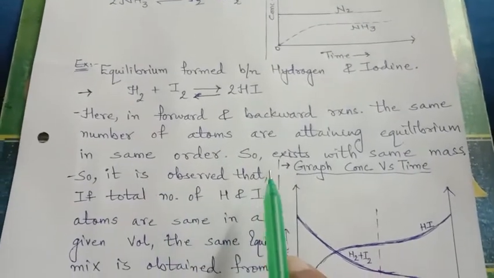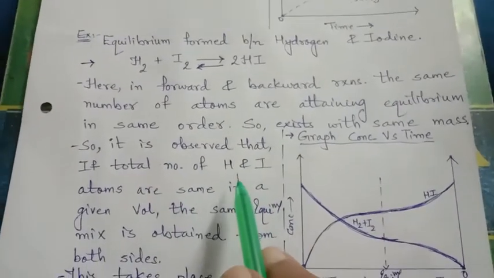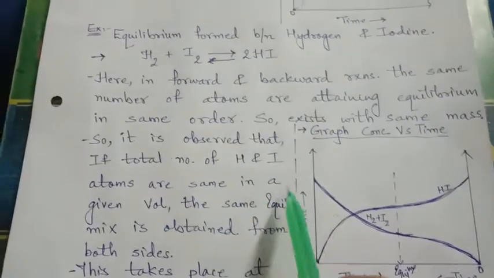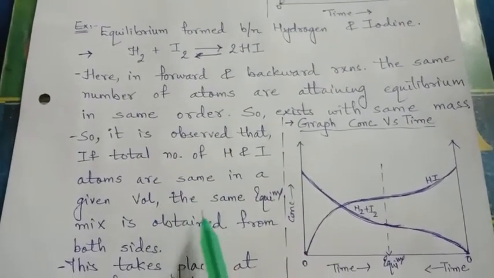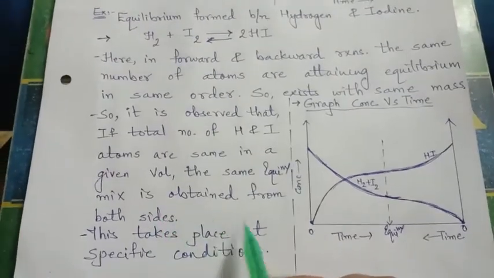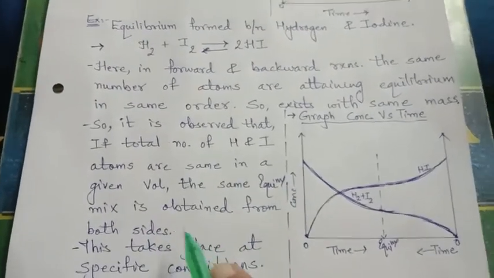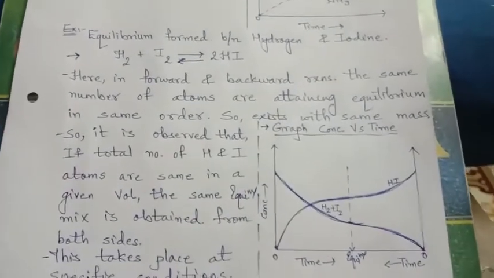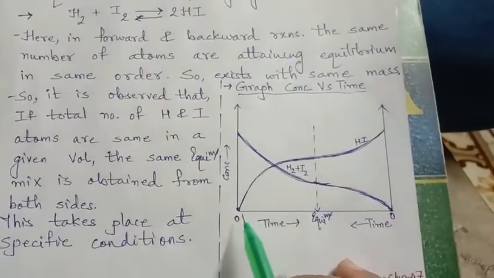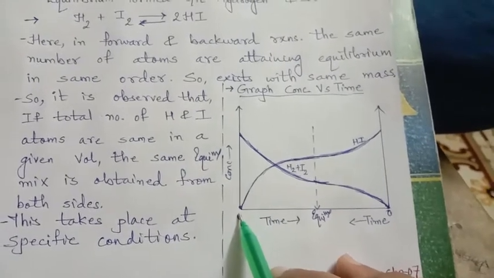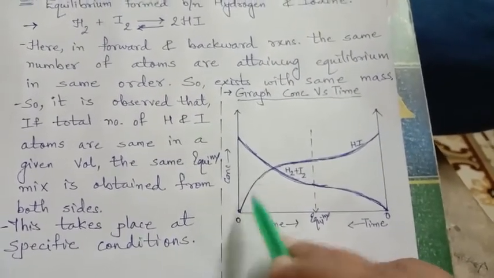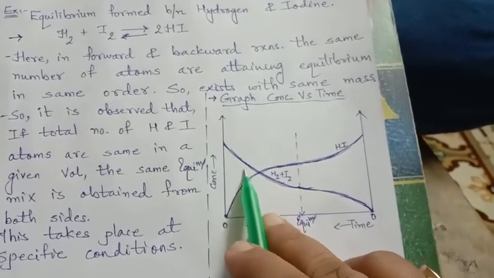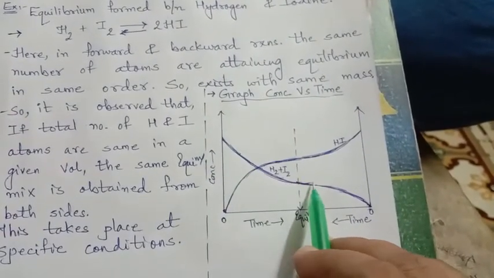And it is observed that if the total number of hydrogen and iodine atoms is the same in a given volume, the same equilibrium mixture is obtained from both sides. And this specially takes place at specific conditions. Here it is shown that this is the initial stage. At the initial stage, when hydrogen and iodine are reacting, they gradually decrease, right?